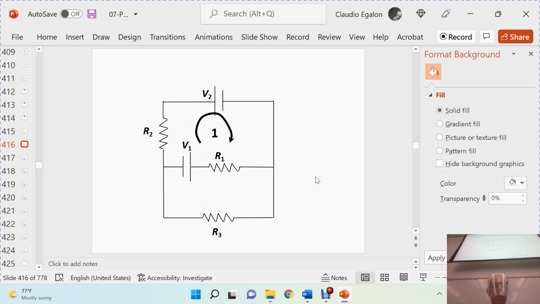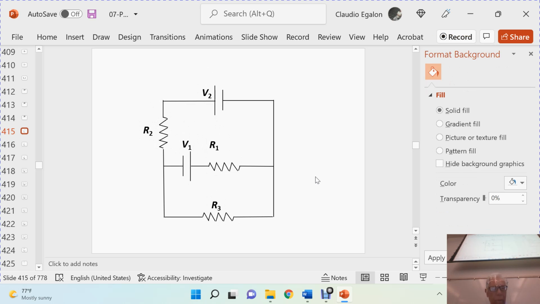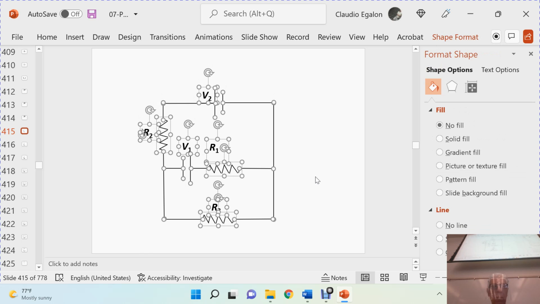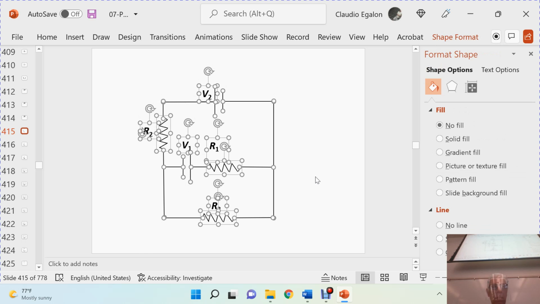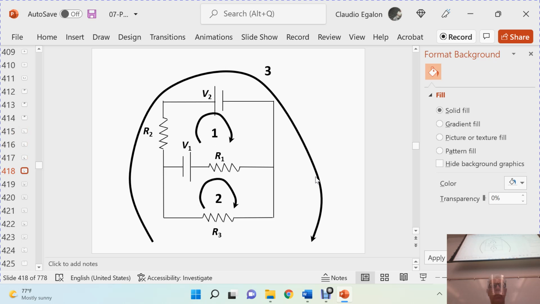Okay, good. Now I got it. Original circuit. I identify loop 1. I identify loop 2. I identify loop 3.